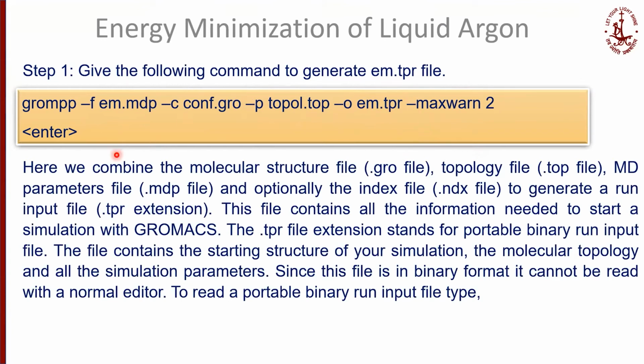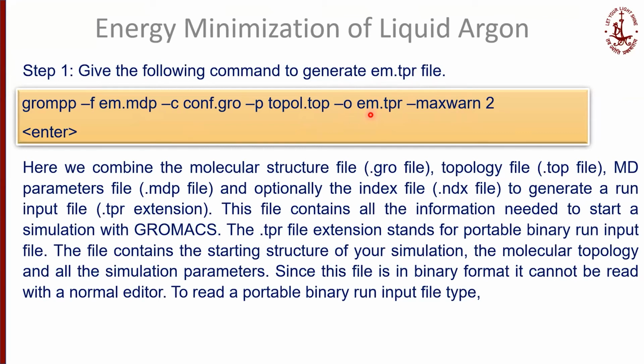So what you are doing here is combining the structure file, topology file, molecular dynamics parameter file, and sometimes you may require an index file, that will come later on, in order to generate an input file with the TPR extension. What does this TPR contain? It contains all the information required to start a simulation using GROMACS.